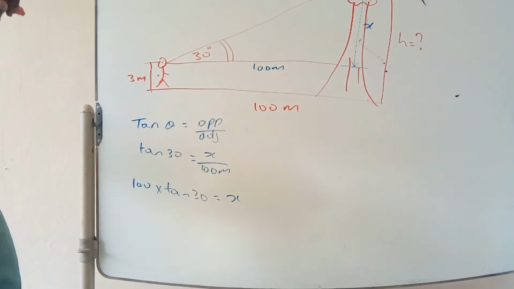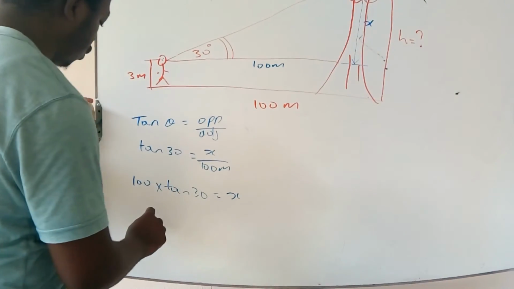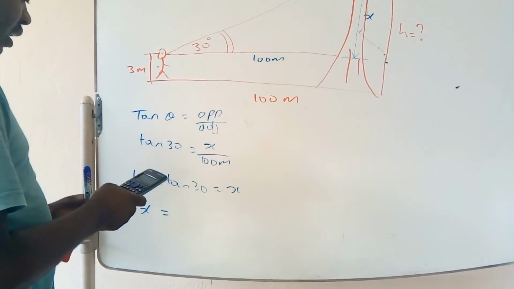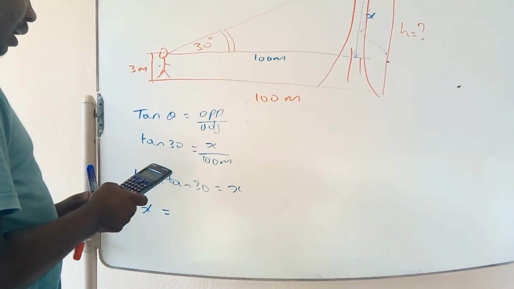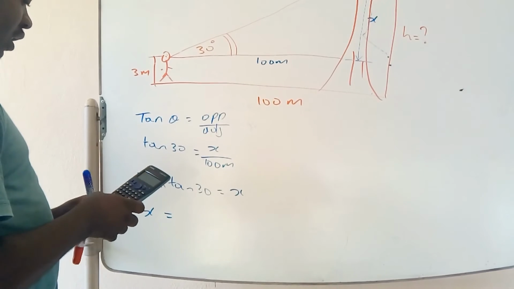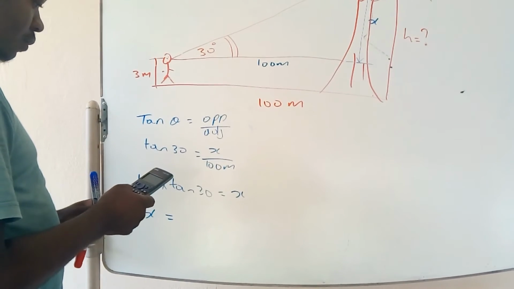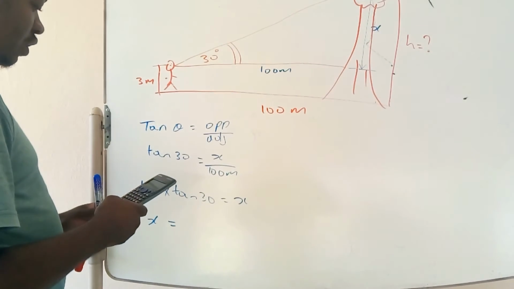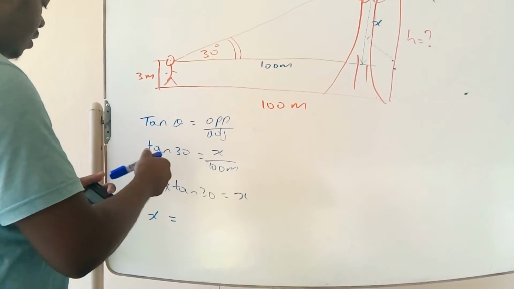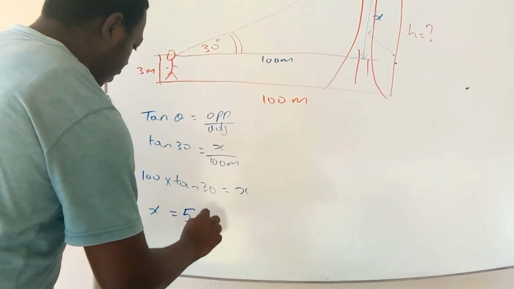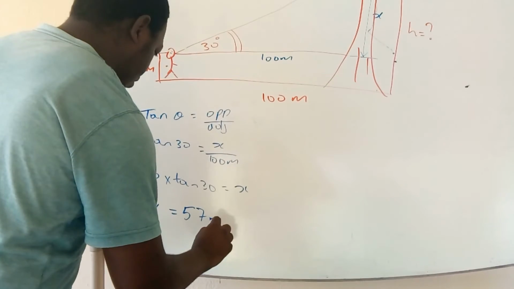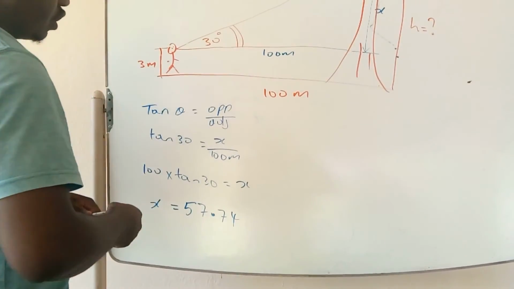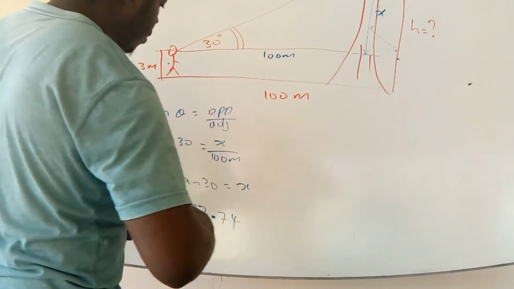So x is therefore equal to 100 multiplied by tangent of 30 degrees, and that is approximately 57.74, correct to 2 decimal places, right? So that's in meters.